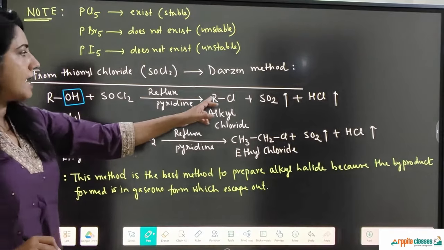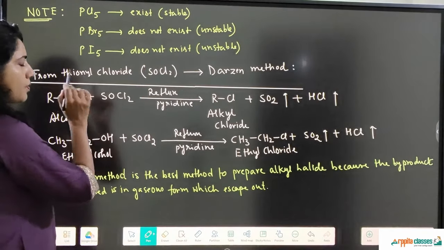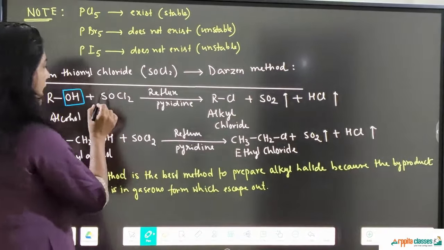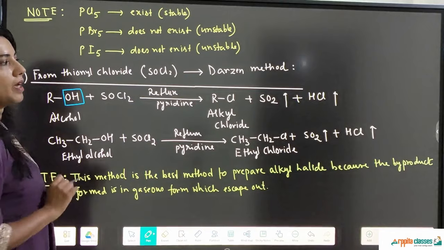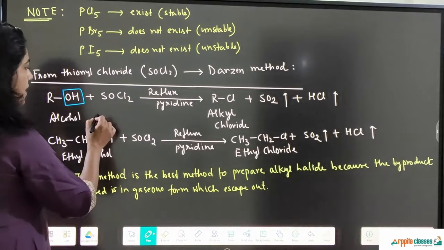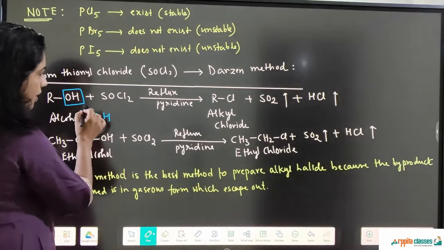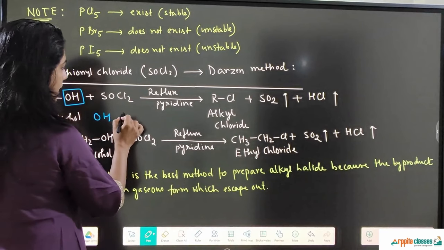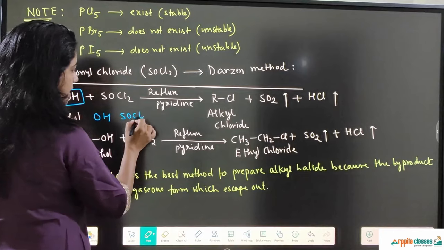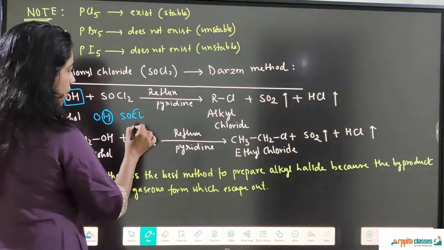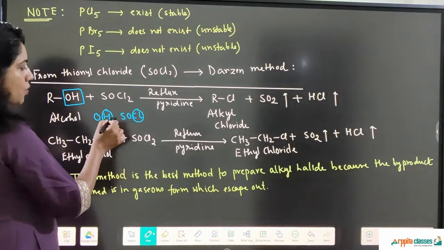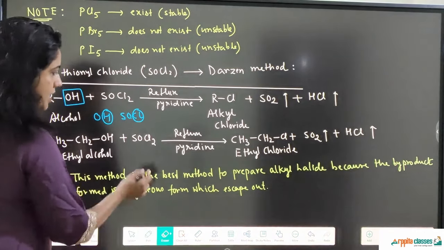So we are getting RCl. This H and one of the Cl will give you HCl, and S and 2 oxygens are remaining, which are giving you SO2. So basically OH is coming out from here, and SO and 1 Cl is remaining. So this hydrogen and chlorine will give you HCl, and SO and O will give you SO2. So this is the thing.